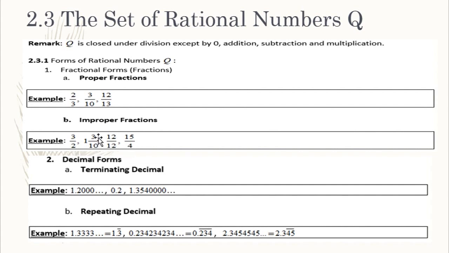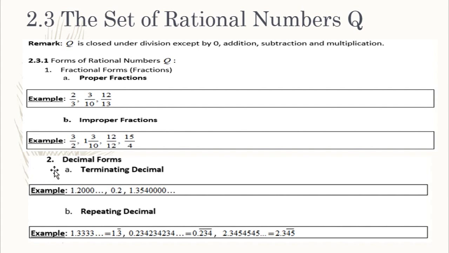So ang mixed number, pag himuon nato ni siyang fraction, this is 10 times 1 is 10 plus 3. This is 13 over 10. So, ang iyang numerator is 13, which is greater than sa iyang denominator. So, pwede po same ang numerator ug denominator. That is also an improper fraction.